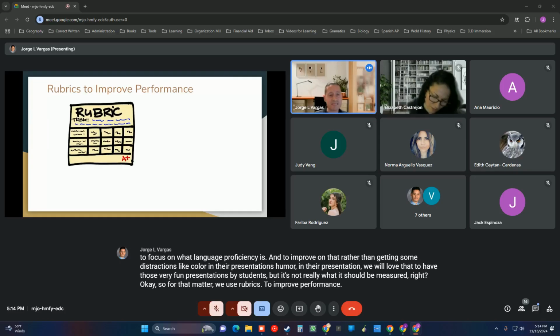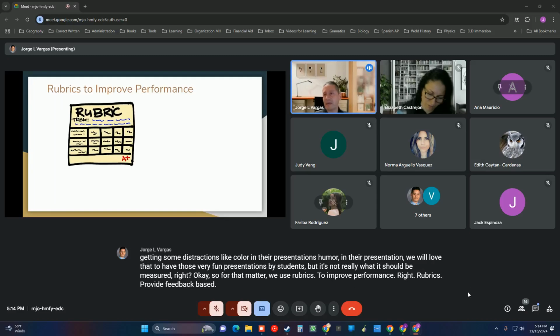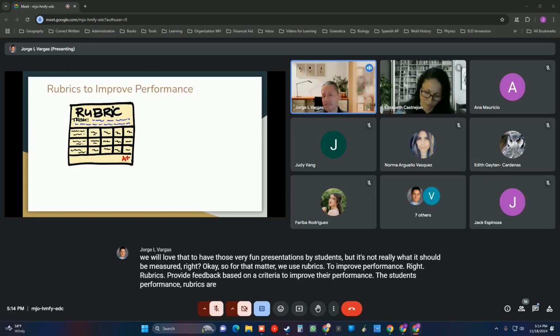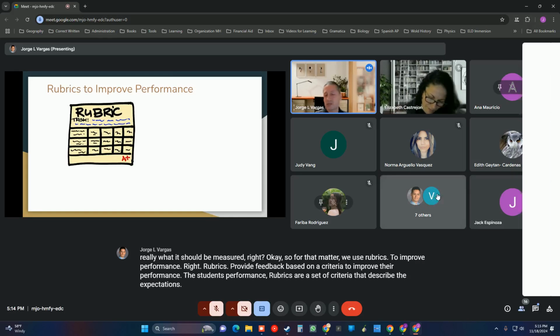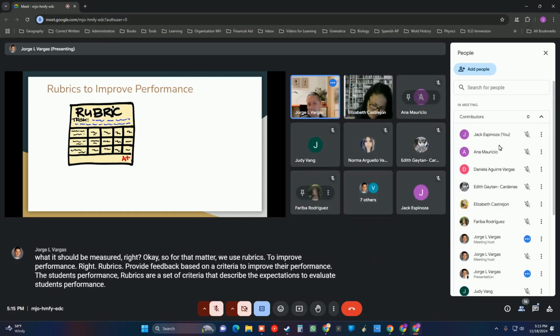Rubrics usually have three levels of quality: exceeding expectations, meeting expectations, and does not meet expectations, right? What we have been using all along, something that is simple but clear to the students.